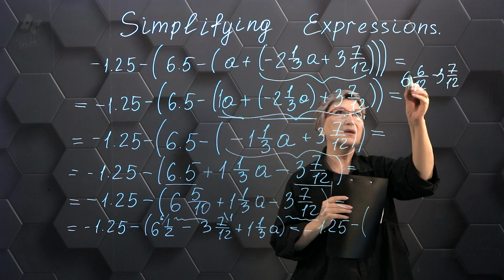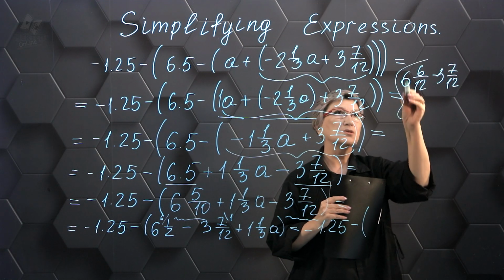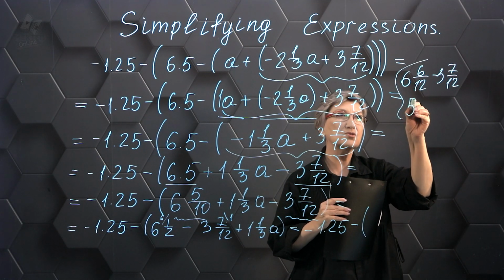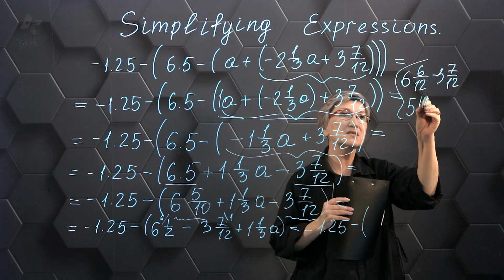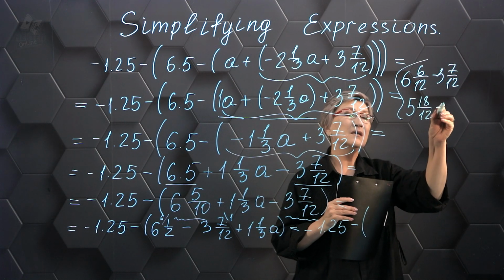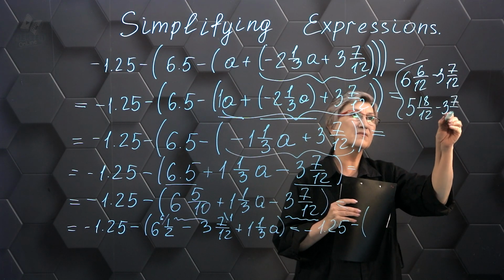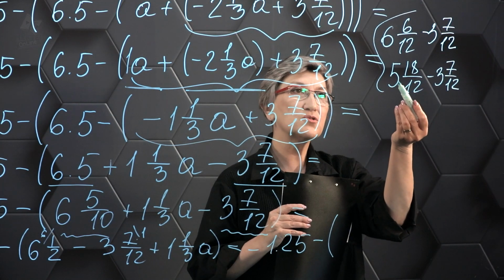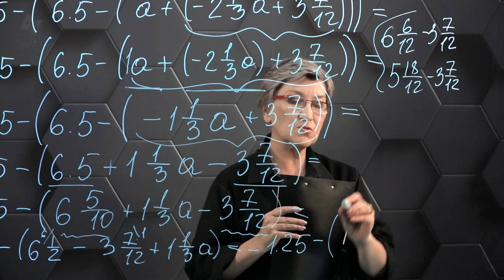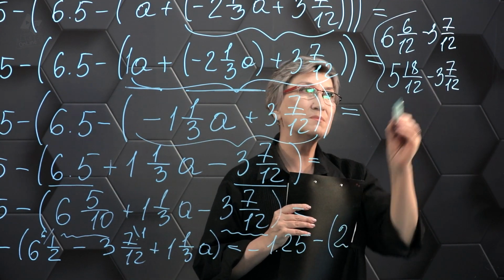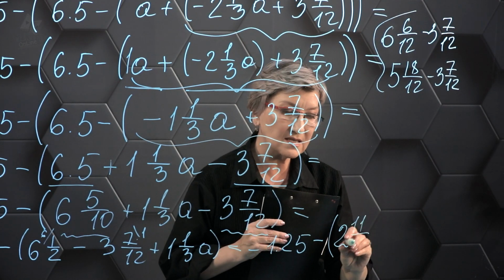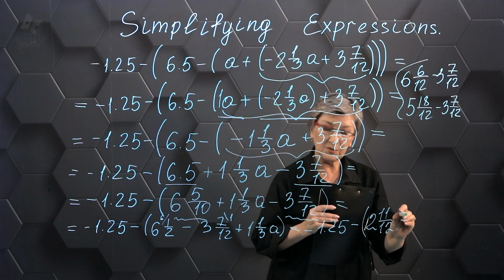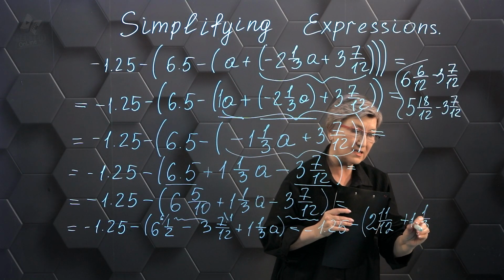Now notice, I take away a whole part from 6, resulting in 5 whole ones and 18/12, minus 3 7/12. And then I can do the subtraction. As a result, I get 5 minus 3, which is 2 integers, 18 minus 7, which is 11/12, and plus 1 1/3 a.